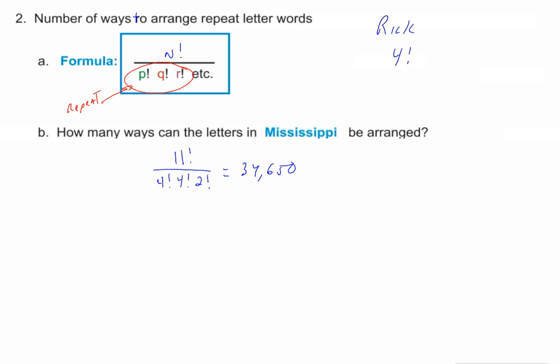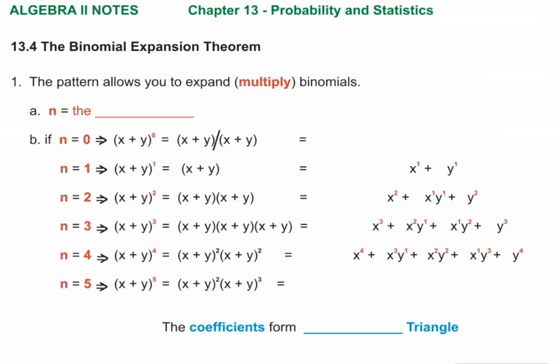We're dividing the number possible by 4 factorial, 4 factorial, 2 factorial, and we're reducing. All right, so if you're ever on Jeopardy and that trivia question comes up, you can now answer how many different ways to spell the word Mississippi. I'm sure you'll remember, and you'll be ready to roll.